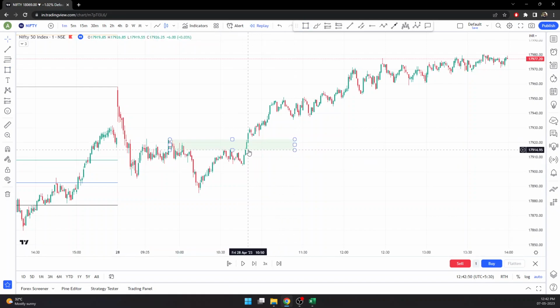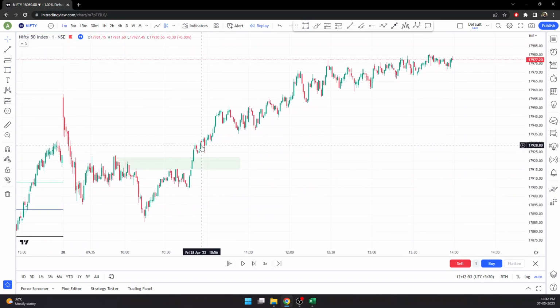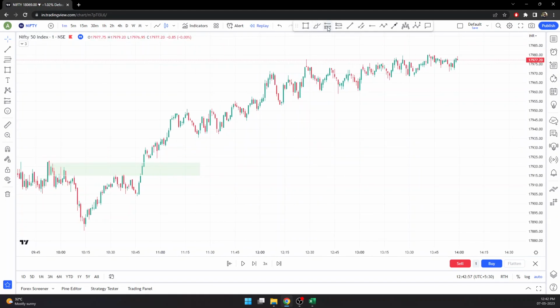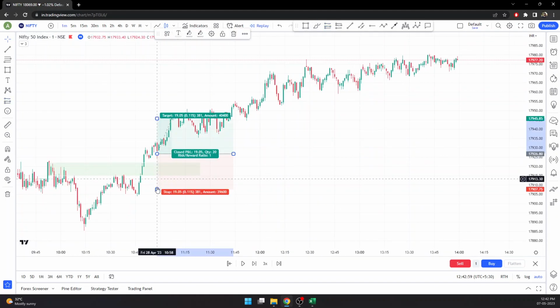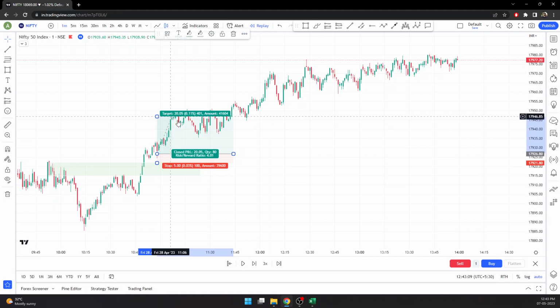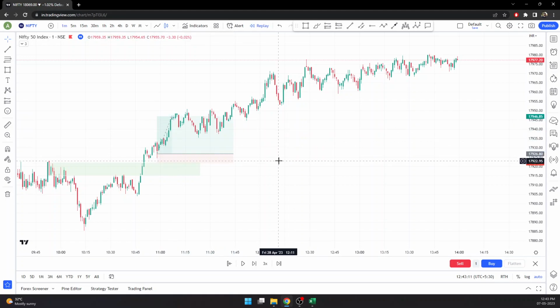This is the level that it broke, and after that it broke this level, and then this is where we could have made one entry. We could have achieved 1:3 at least, or 1:4, right?